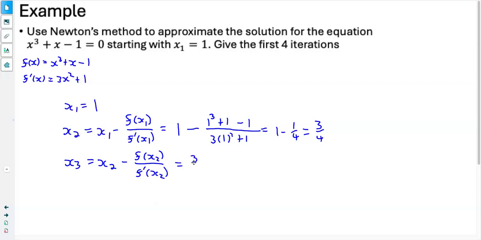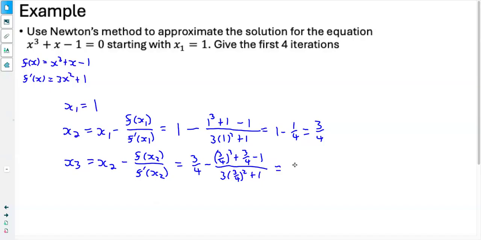So that's going to be 3 quarters minus 3 quarters cubed plus 3 quarters minus 1, all over 3 times 3 quarters squared plus 1.